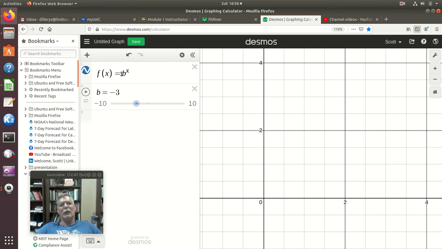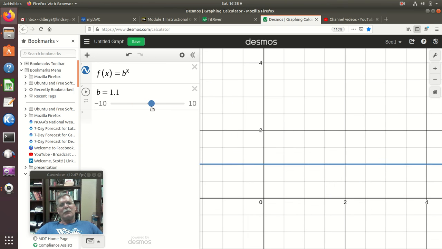Sure you can, but you can't do negative 3 to the 2.5, because there you're trying to take a square root of negative 3 as part of that, and so you can't do that. So negatives make no sense for b.